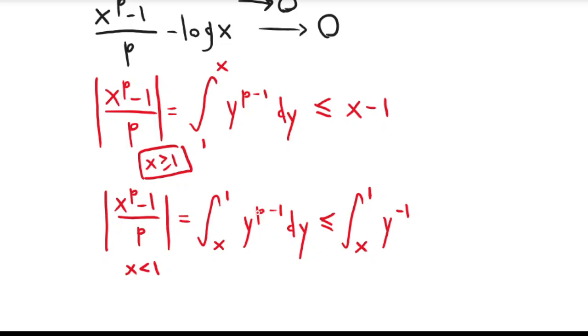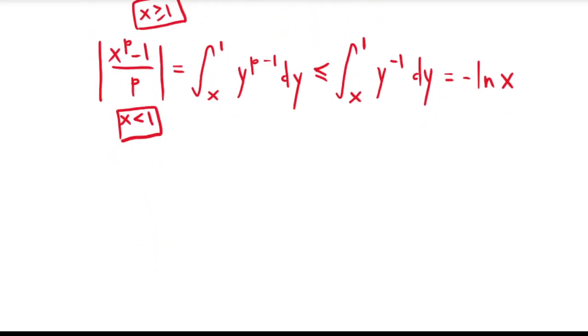Because you're assuming that p is non-negative. So you have y to the negative 1 dy. And what is this integral? Well, it's actually just negative ln x. So you get negative ln x here if x is less than 1.